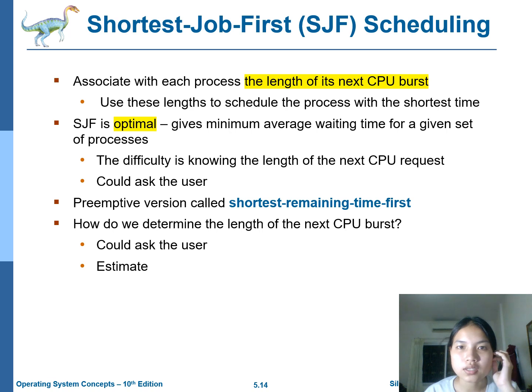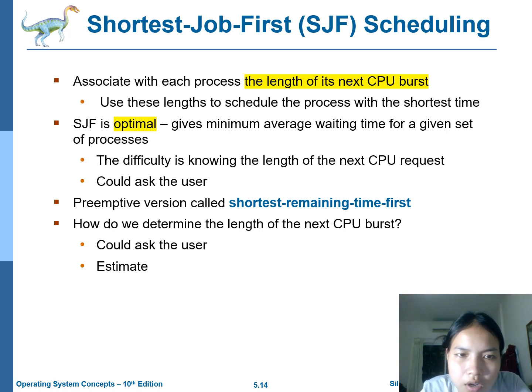Shortest job first sharing associates with each process the length of its next CPU burst. Use this length to schedule the process with the shortest time.